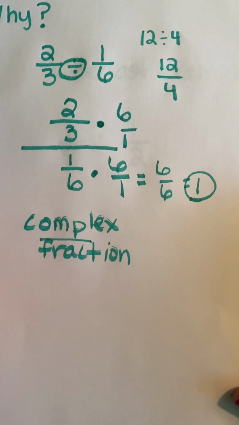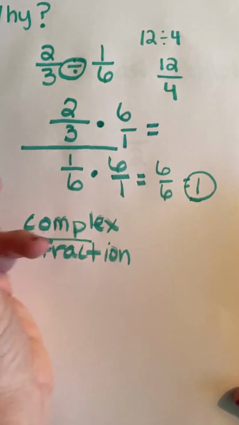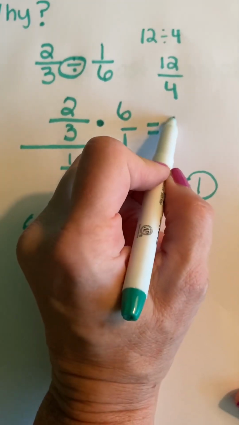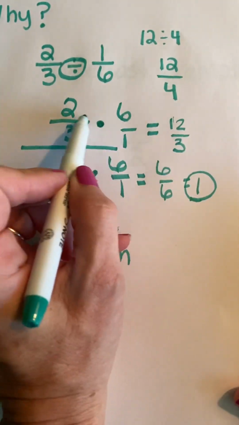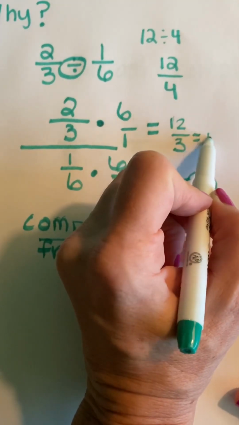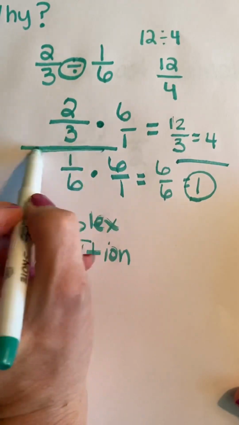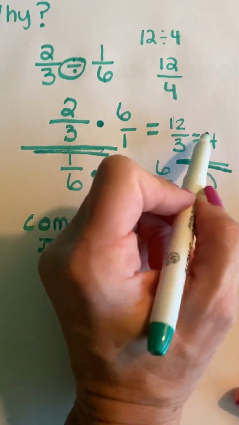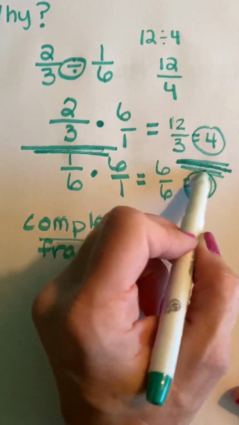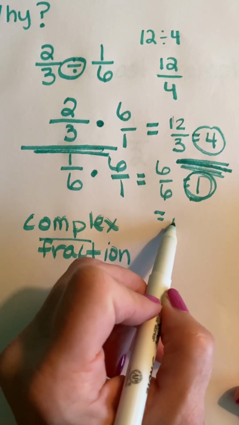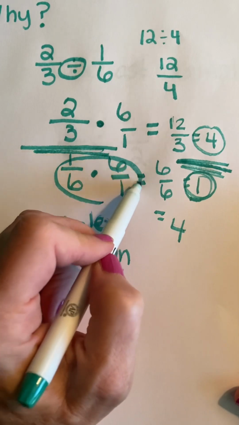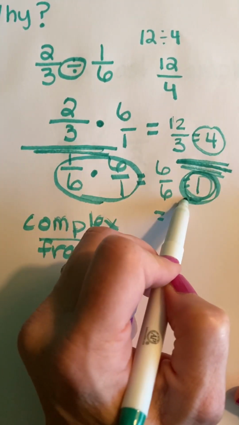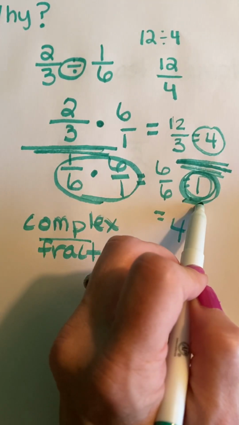Wait a minute. So now we have 12 over 3, which is 4, divided by 1, and the answer is 4. This part basically cancels out to 1, and it always will on the bottom.